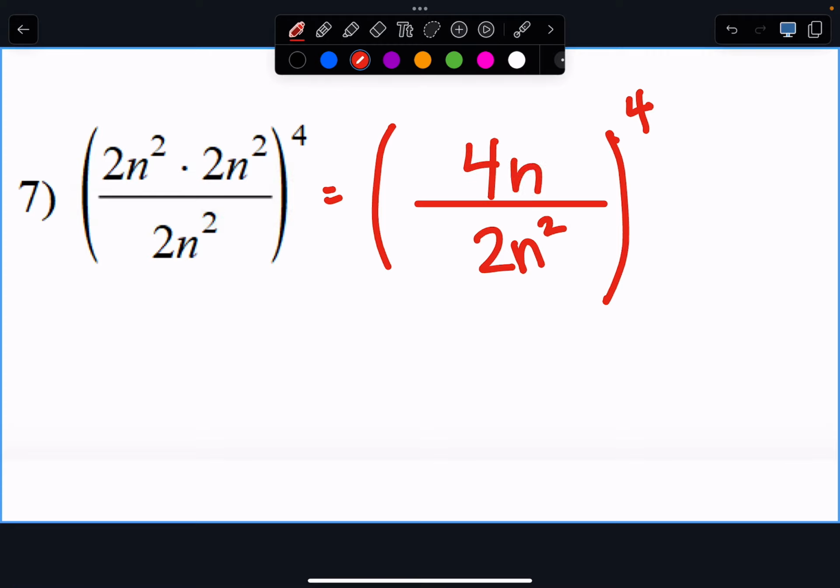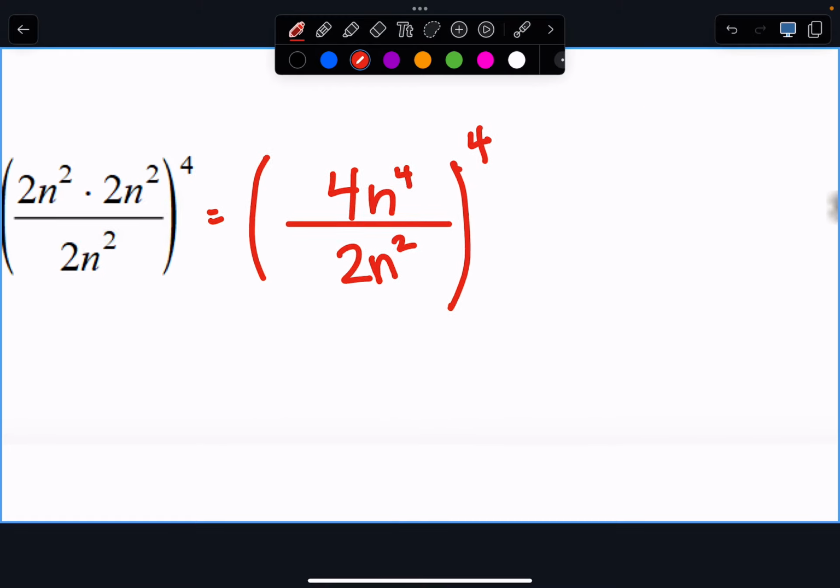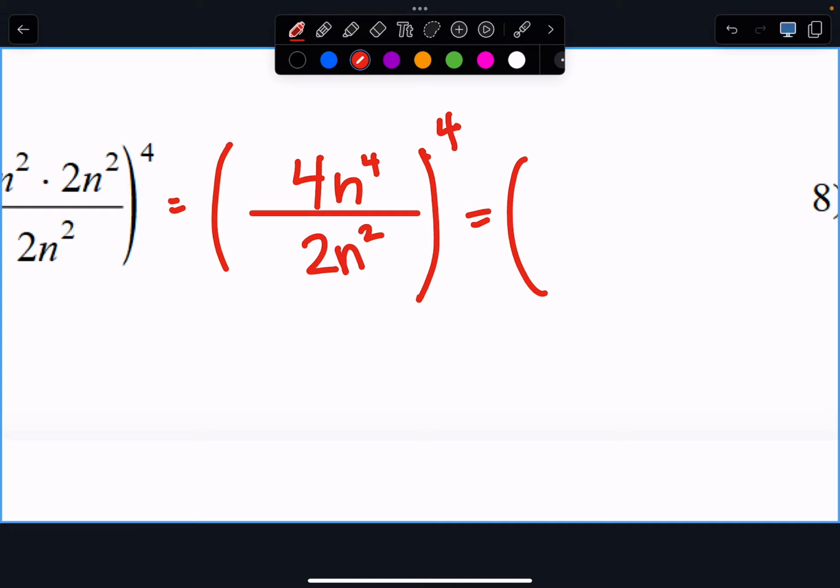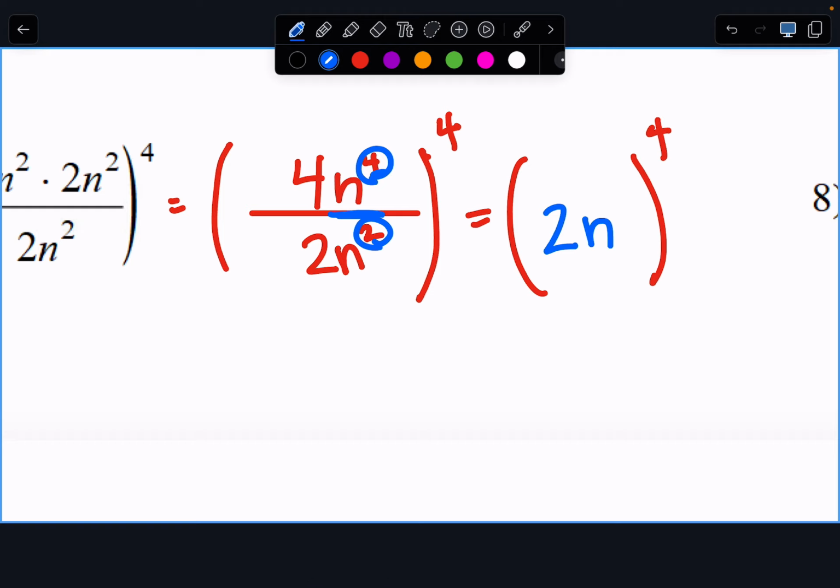Okay, and then we get n to what power? Because we have to add our exponents. Okay, now we have some division to take care of. What is 4 divided by 2? And then when we divide, we got to subtract our exponents. We get 2? Okay.